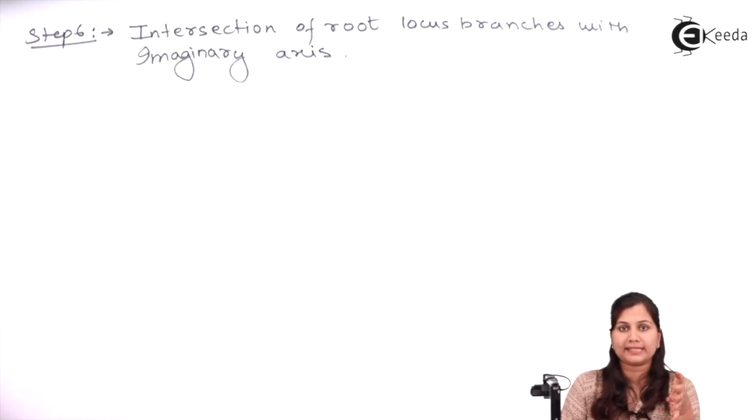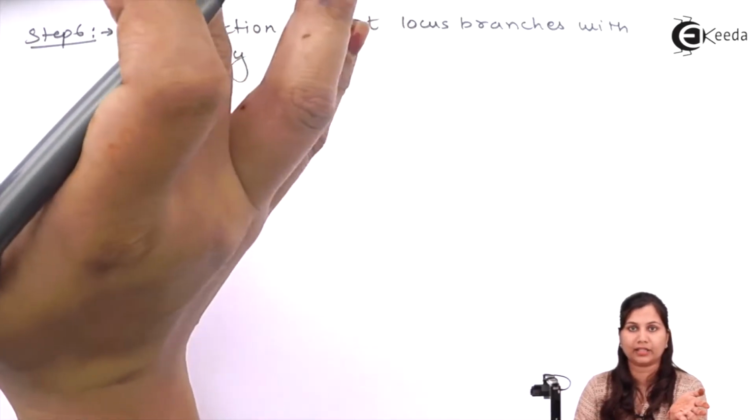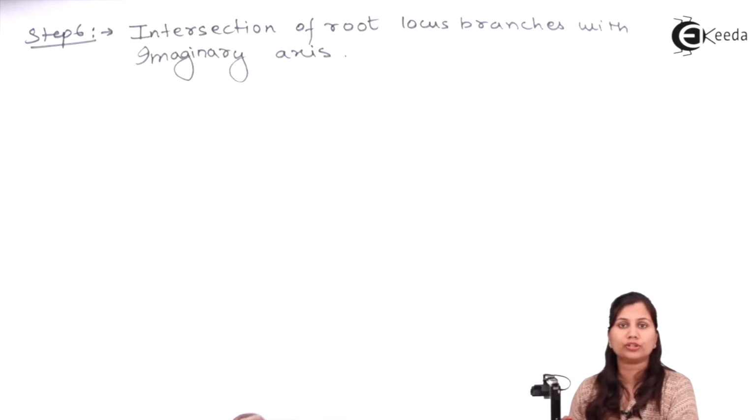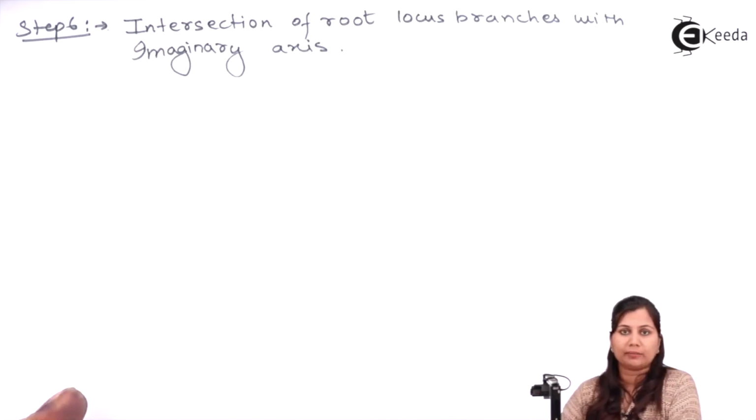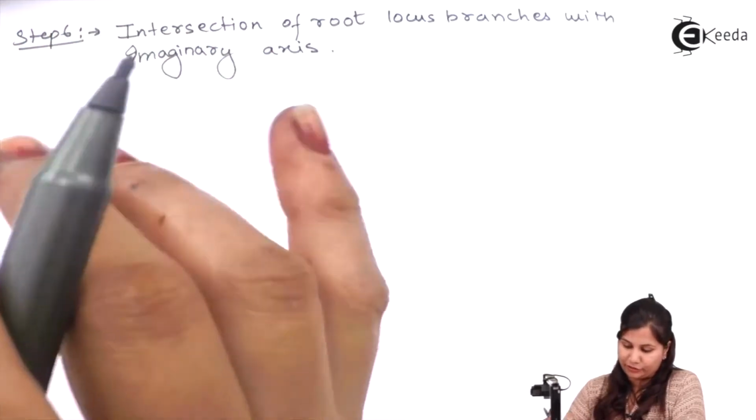First was to put s equals j omega in the characteristic equation, and second was to use the Routh stability criterion. So here we will use the Routh stability criterion to find the intersection point.